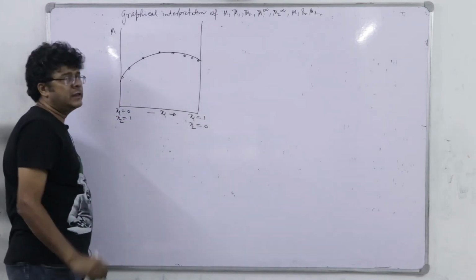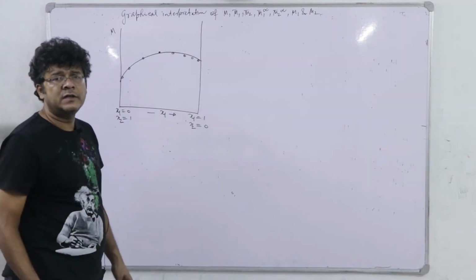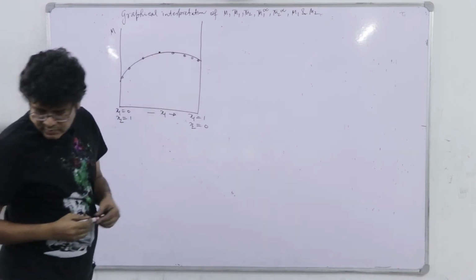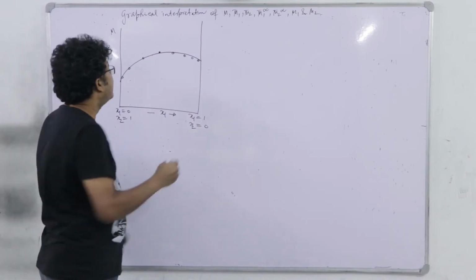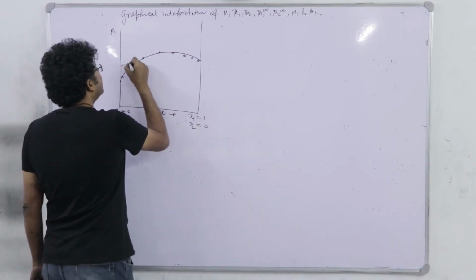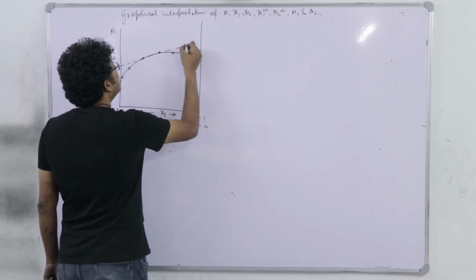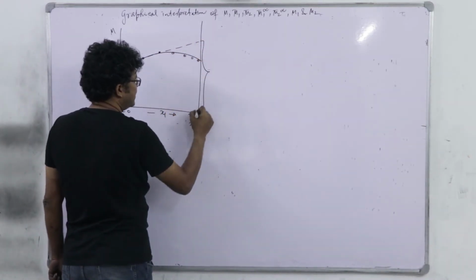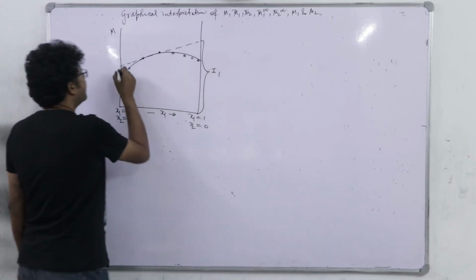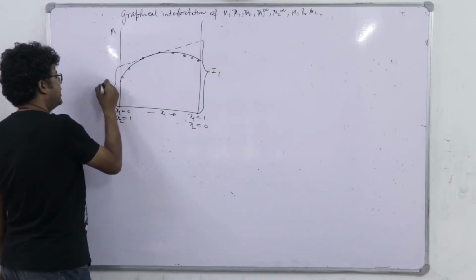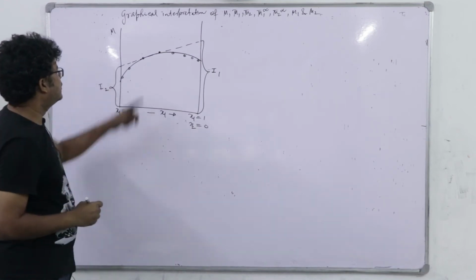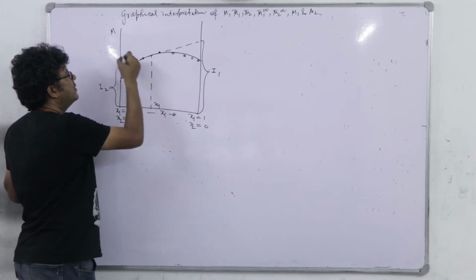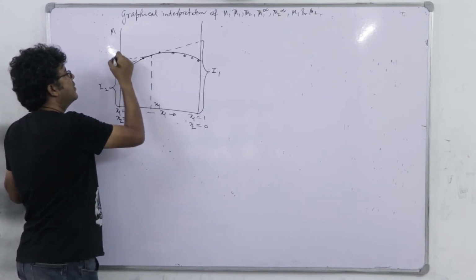Right. Now, dM dx1 means what? It's the slope of the tangent drawn at any point. Like here, let's say the point. We have the point here, and we have drawn a tangent. And the tangent has got an intercept I1, and here the intercept is I2. Right. So, you have drawn the tangent at this point.